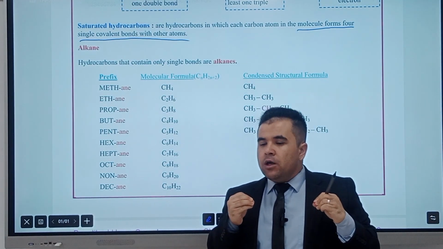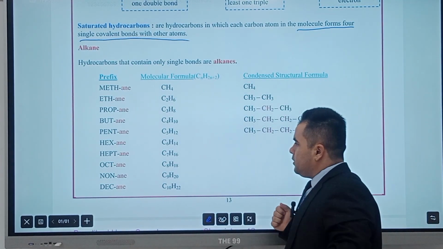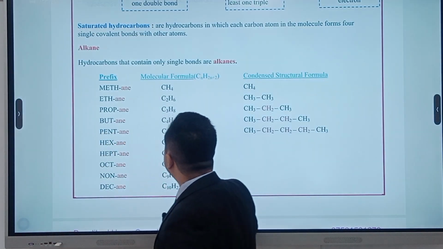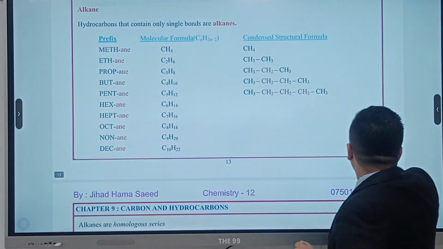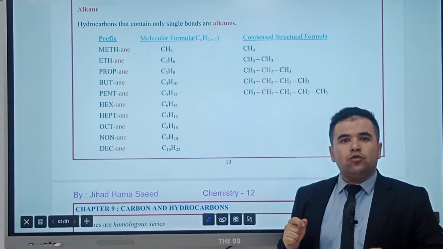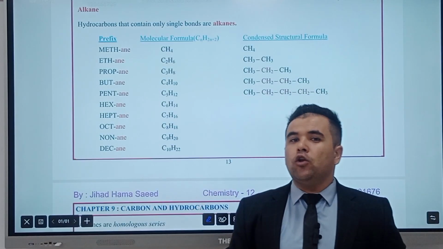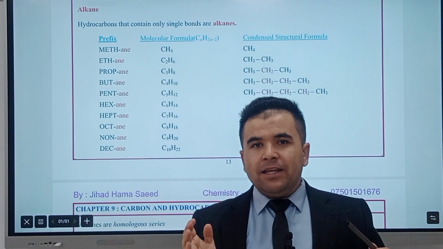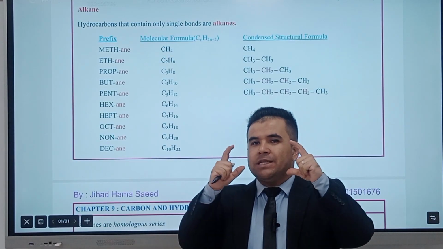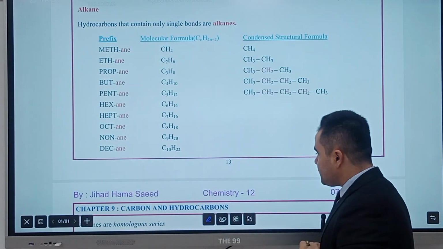And saturated hydrocarbons are stable. We'll be talking in detail about stability. They are more stable than the unsaturated hydrocarbons, guys. Examples of saturated hydrocarbons are alkane and cycloalkane. The alkane is in the form of a chain and the cycloalkane is in the form of a cycle or ring, guys.